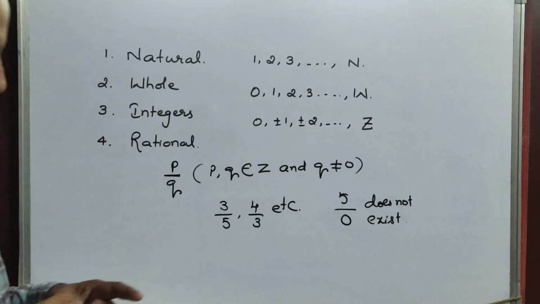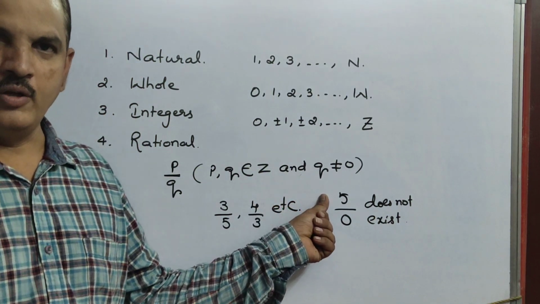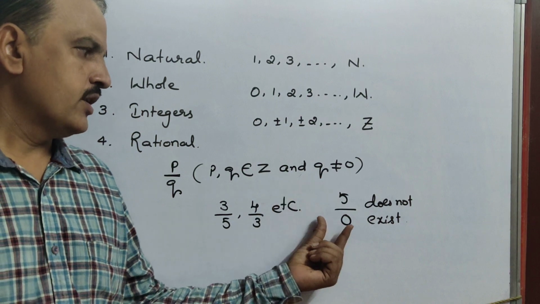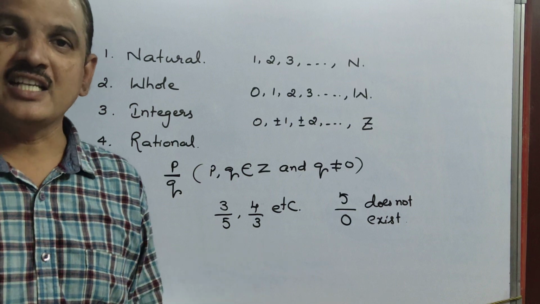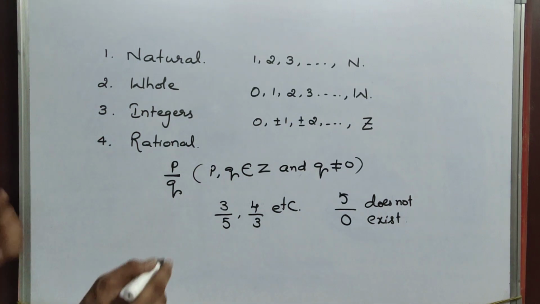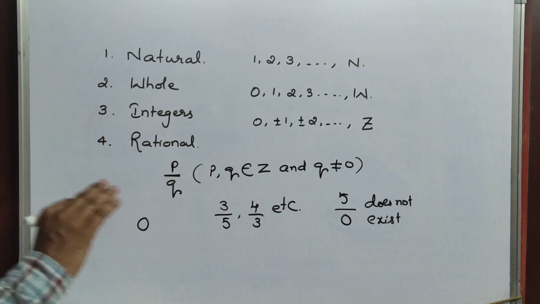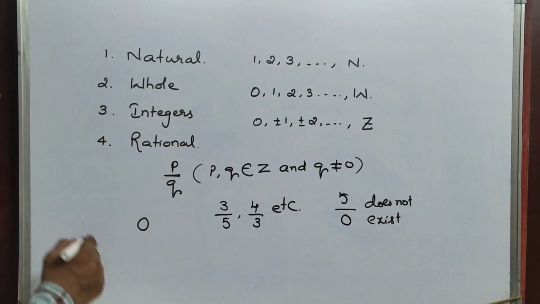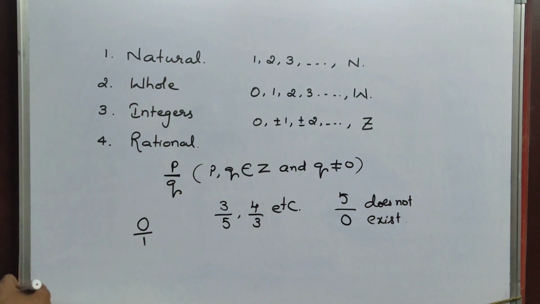Whatever the number is in the numerator, no problem. But if there is 0 in the denominator place, that number does not exist. But you know one thing, 0 is also called a rational number. Why? Because we can write 0 as 0 by 1.